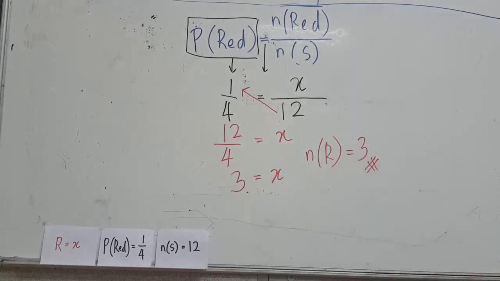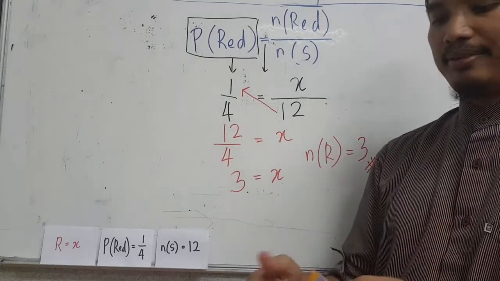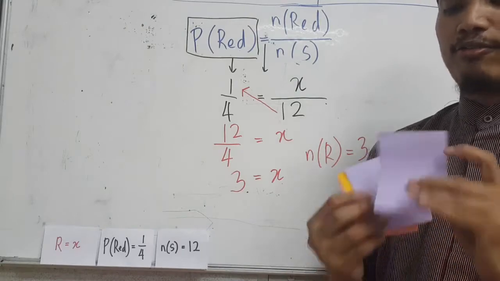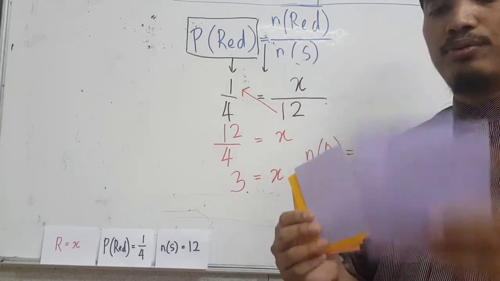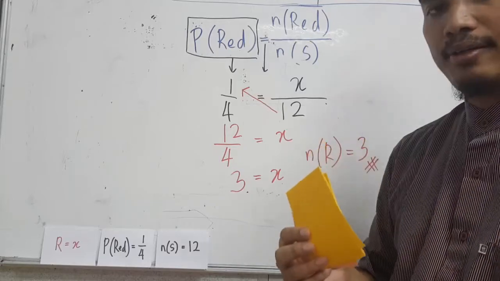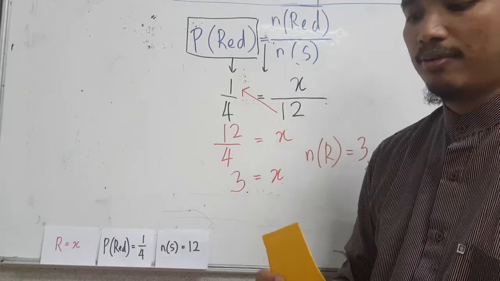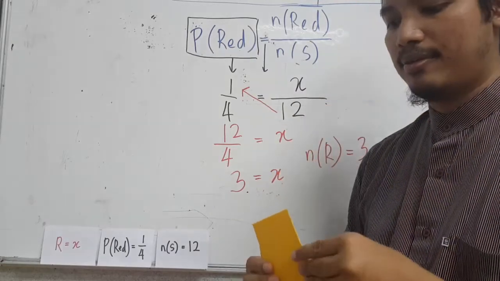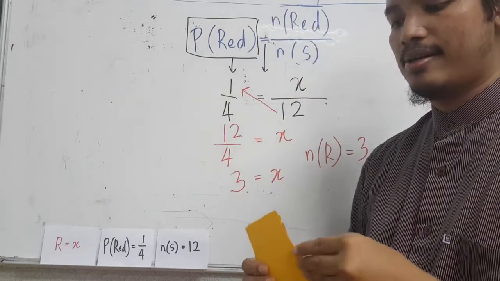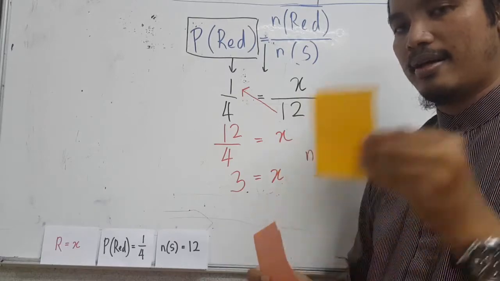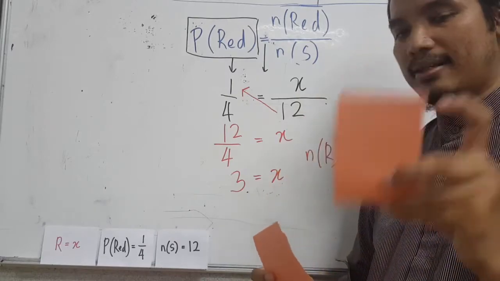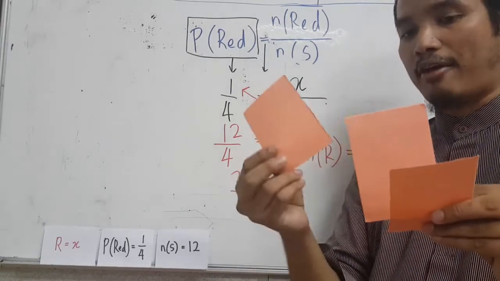Are you not believing me? Let's check. Is it correct? We have 3 cards here. We have all 12: 1, 2, 3, 4, 5, 6, 7, 8, 9, 10, 11, 12.